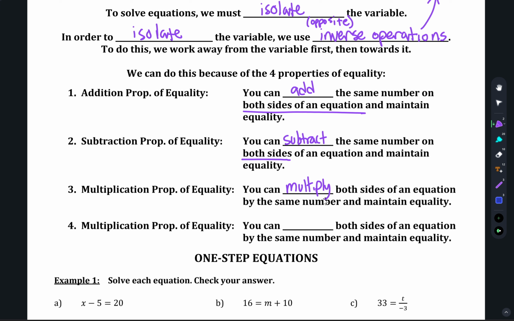And then lastly, this is supposed to say division here. Division. You can divide both sides of an equation by the same number and maintain equality. As long as we are doing to one side as we are doing to the other side, we're good to go.